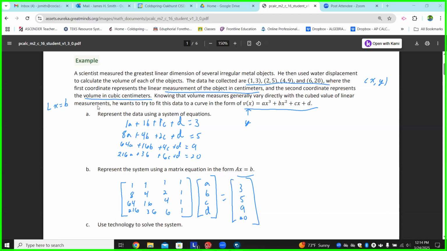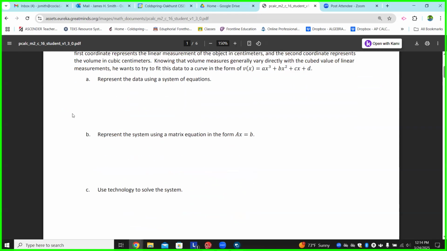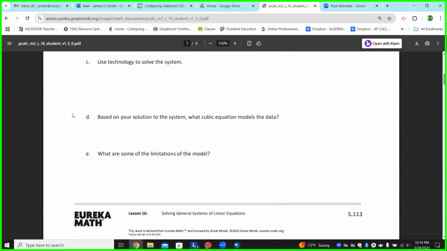It says use technology to solve this. To give you an idea how you do this, if you weren't here Thursday, to solve for X, you would have to take the inverse of L, of B. Right?